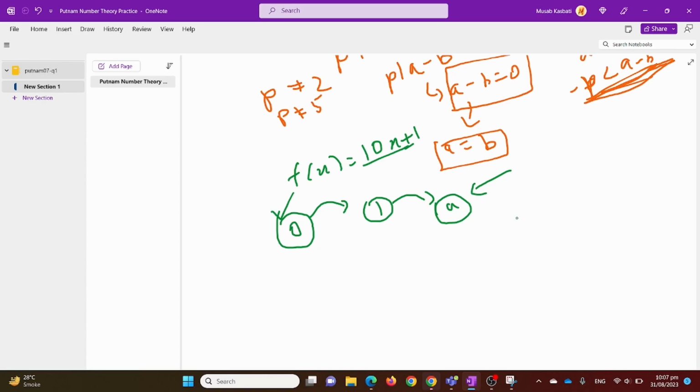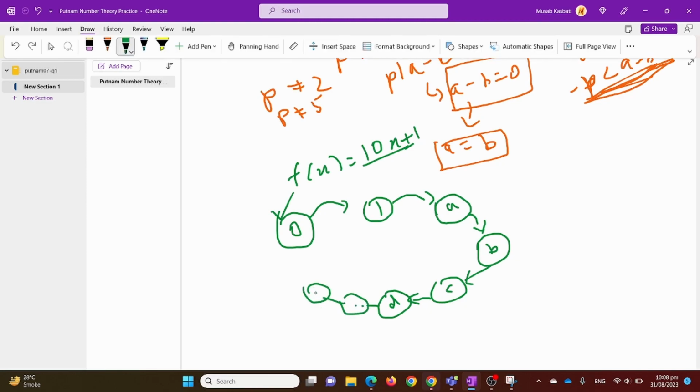Which also means that if I apply f on a, then that becomes b. If I apply f on b, that becomes c. If I apply f on c, then that becomes d. I know very fortunately that d, or any of my numbers for that matter, dot dot dot.